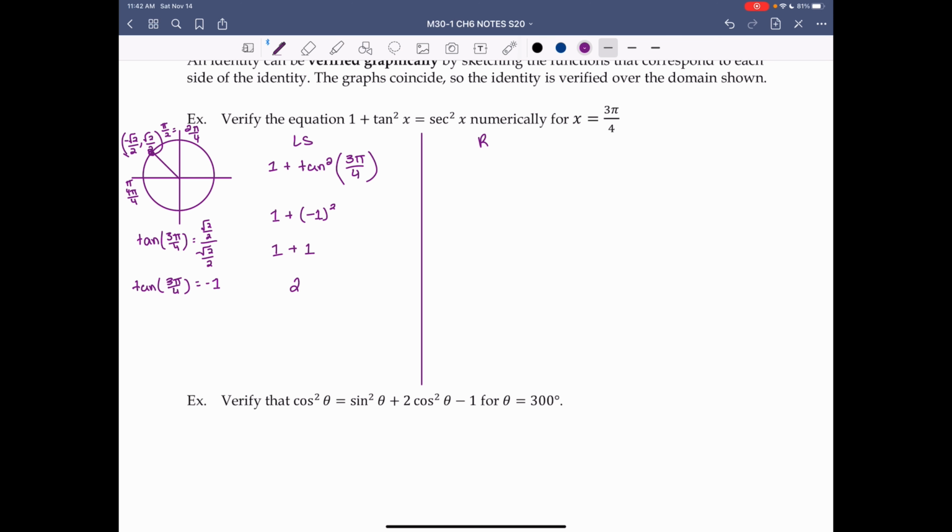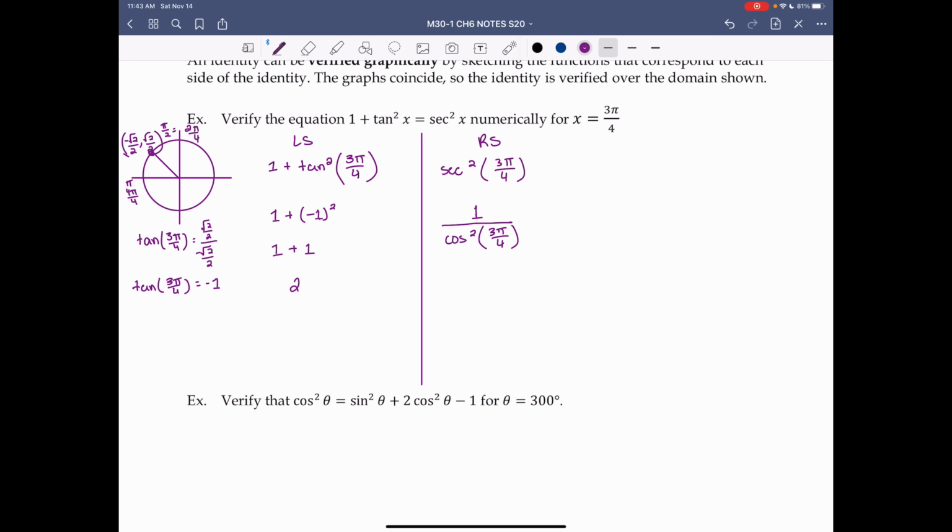Then the right side is secant squared theta, so secant squared 3 pi over 4. Secant is the reciprocal of the cos function, so we can write this as 1 over cos squared of 3 pi over 4.